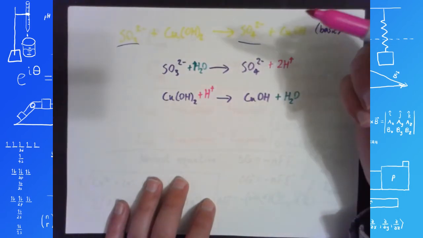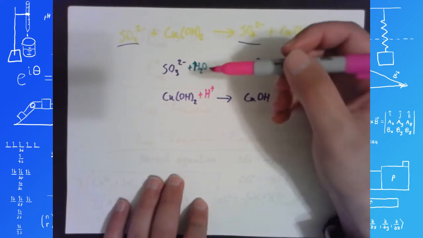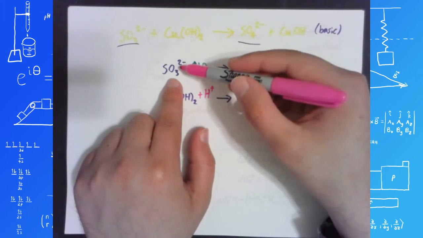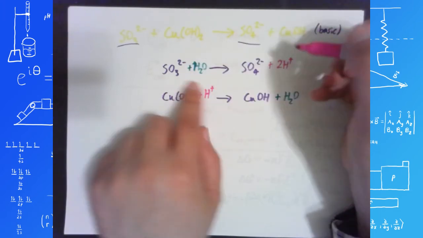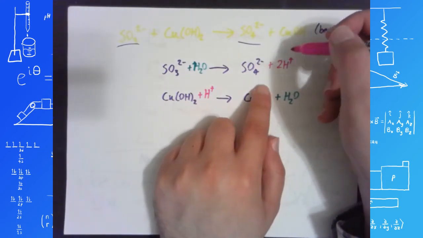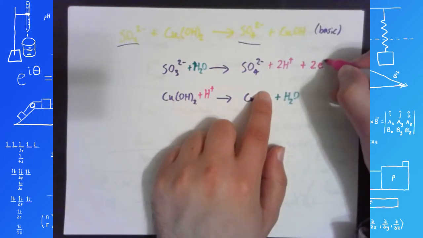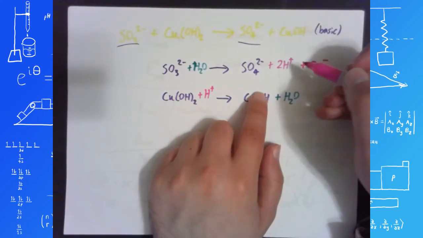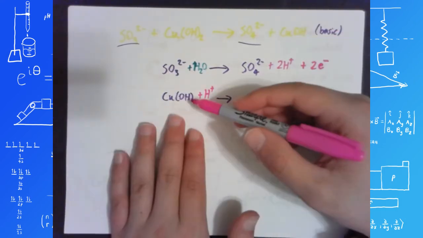Okay, that leaves us with having to balance the charges now. So for the first half reaction, total charge on the left is -2, total charge on the right is 0, so I need to add 2 electrons on the right so that I've got -2 on the right and -2 on the left.